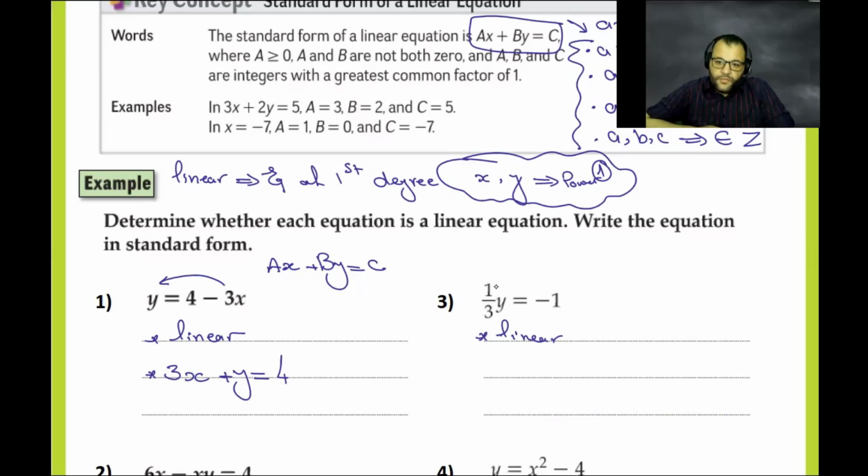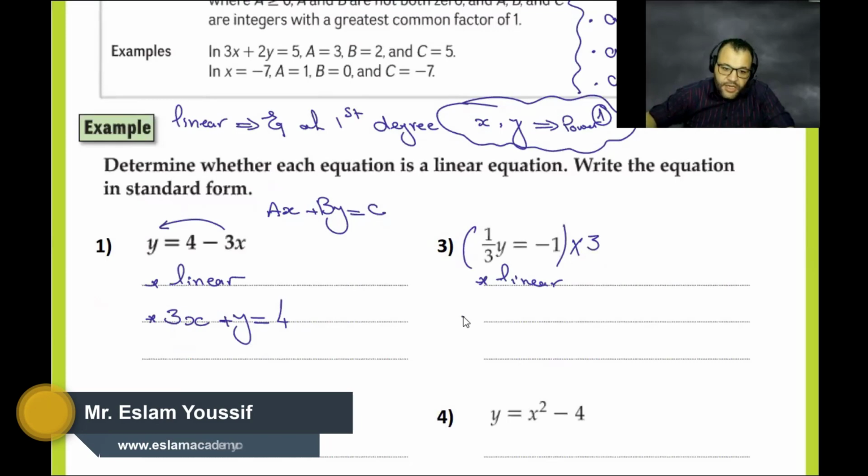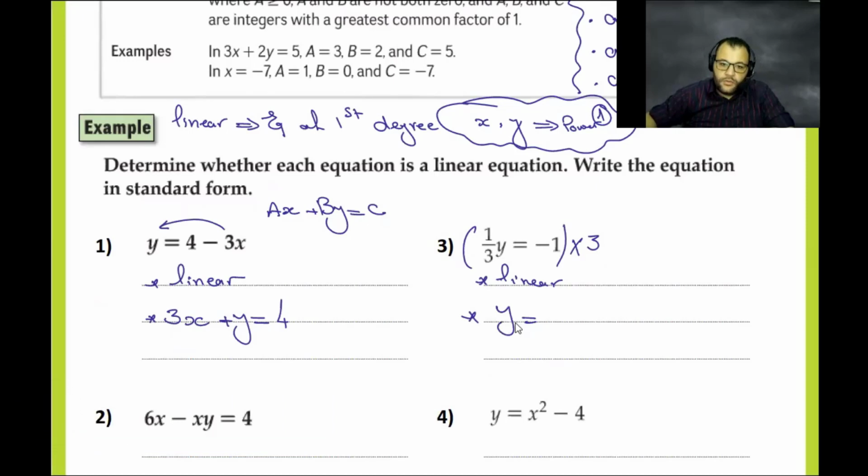By multiplying both sides of the equation by 3. So if you multiply it by 3, what is the answer now? Y equals negative 3. The common factor between 1 and negative 3 is equal to 1. Okay. You understand it now?